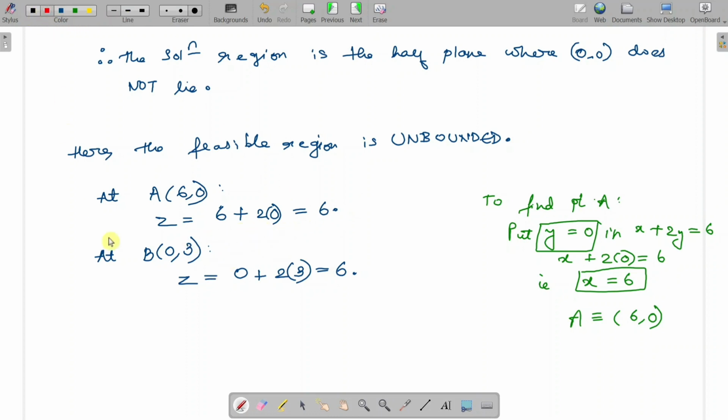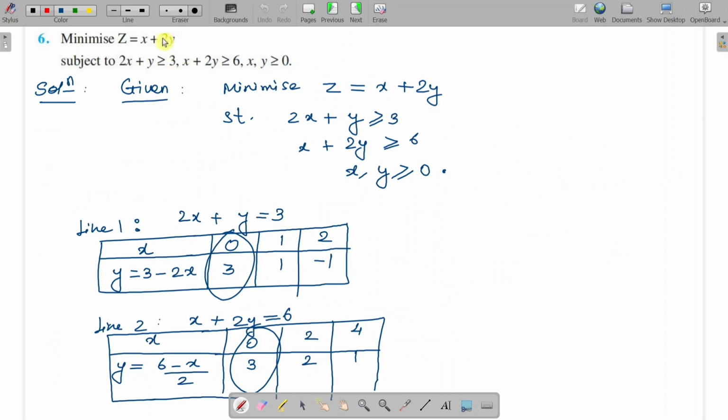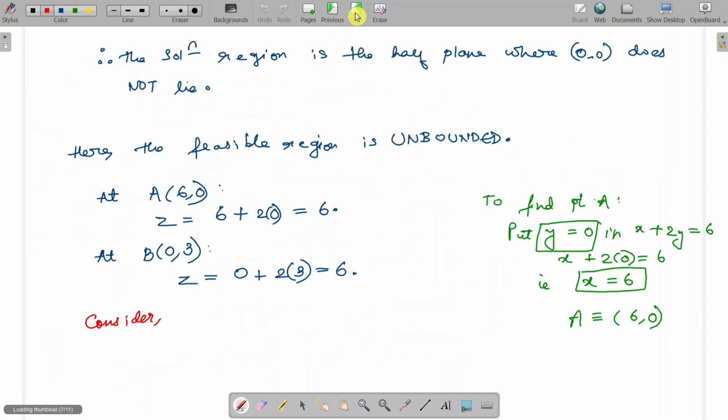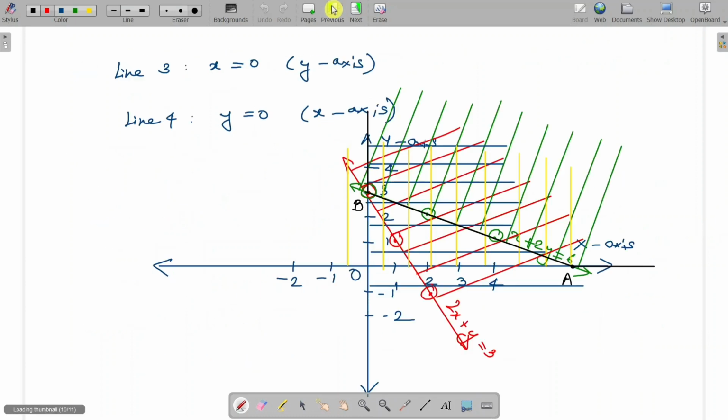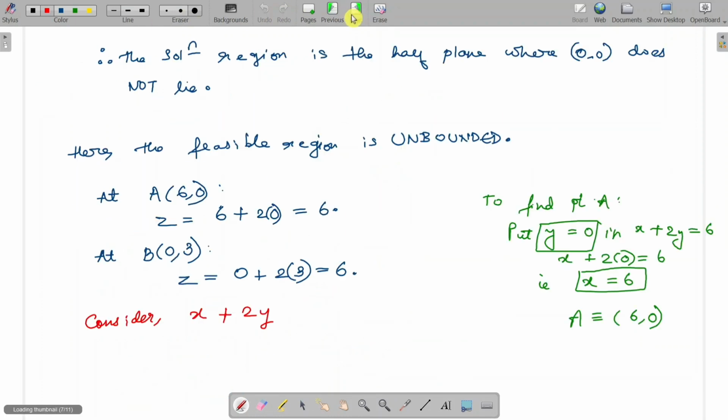So what we have to do is consider this inequality. So you know how to write the inequality actually. How will it be? You have to take the objective function x plus 2y, and since we have to find the minimum, we have to take less than.